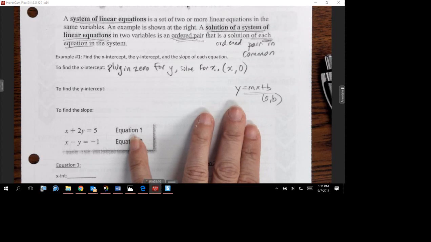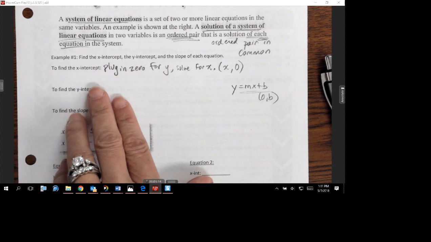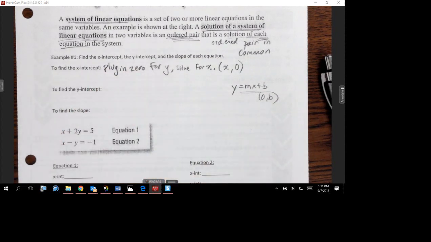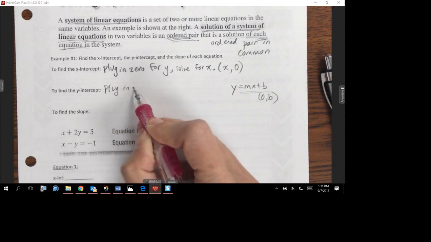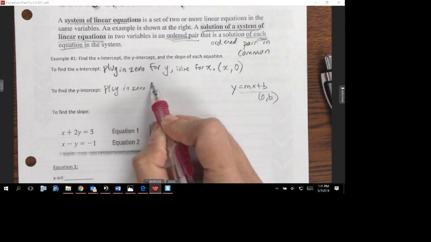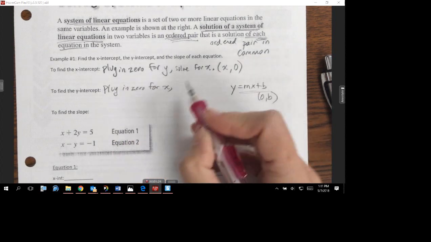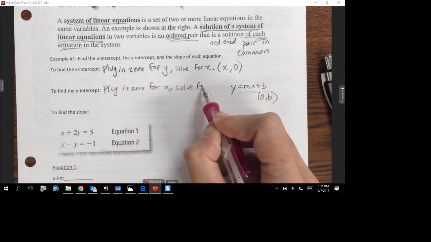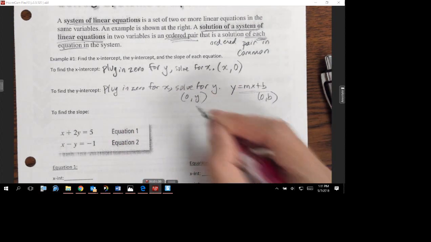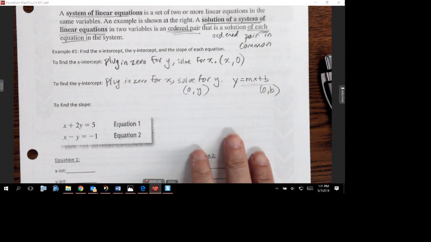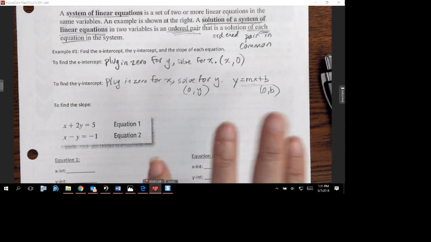In fact, we're going to be done with lines after this chapter, so you need to know how to find the y-intercept in every other case. To find the y-intercept, you plug in 0 for x and solve for y. So that would be 0, y. It's just like finding the x-intercept, only you plug in 0 for the other variable.